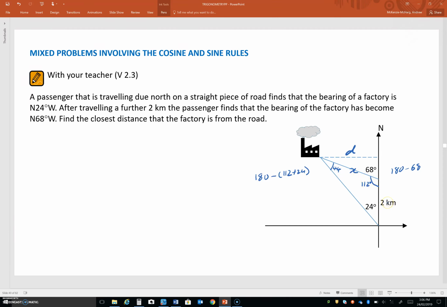So we're going to use the sine rule to get this value for X. You might want to pause the video at this stage and see if you can write down the equation for the sine rule that would work to get X in this situation. Okay, I'll have a go at it now. This is what we should get. X over sine 24 equals 2 over sine 44.